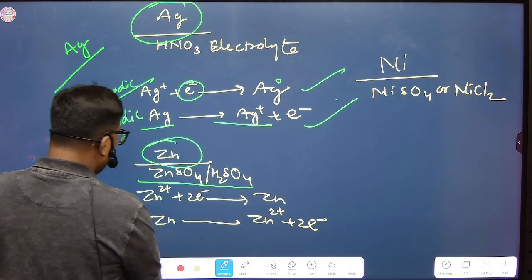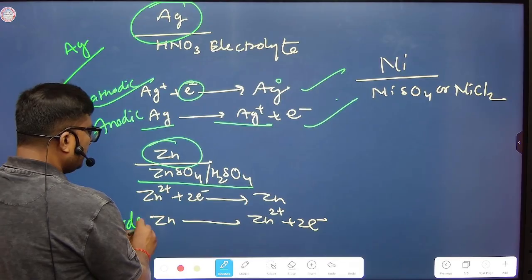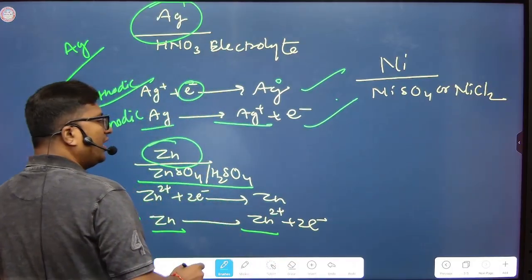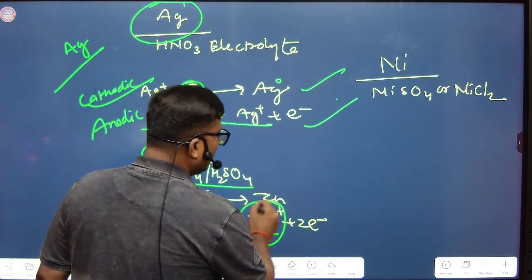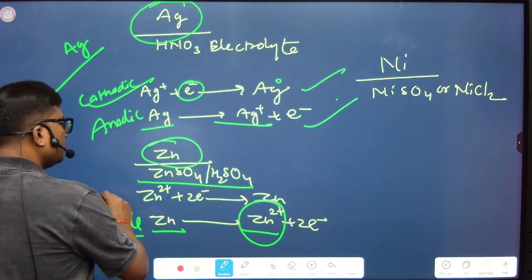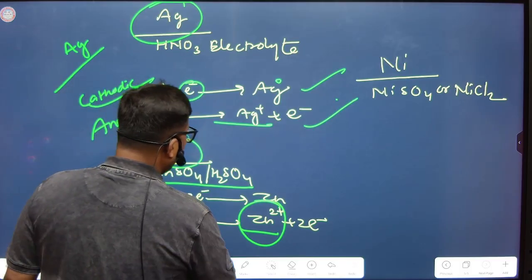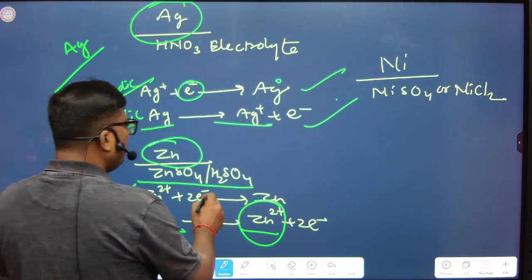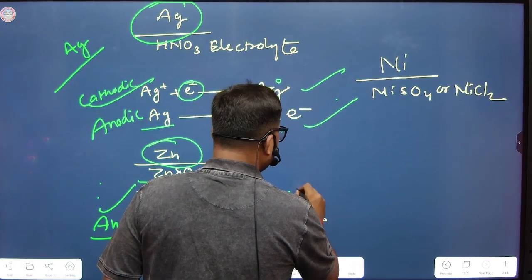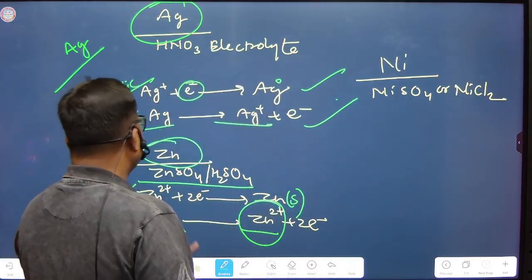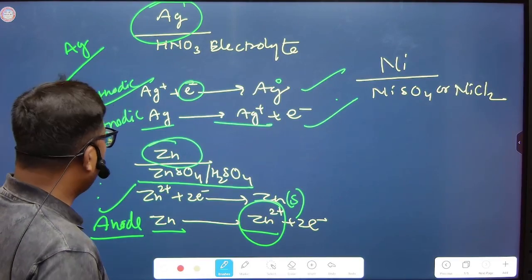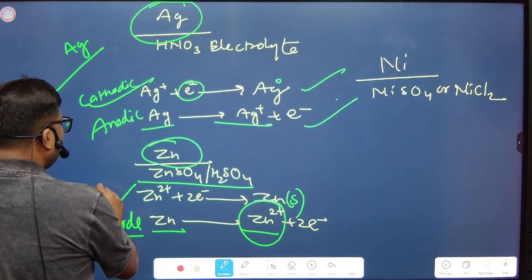So at the anode, zinc gets dissolved and comes into the solution as Zn2+, right? Ultimately at the cathode, Zn2+ receives 2 electrons and is converted back to solid zinc, right? So these are the electrochemical reactions at the cathode and anode to complete the electrolytic process.